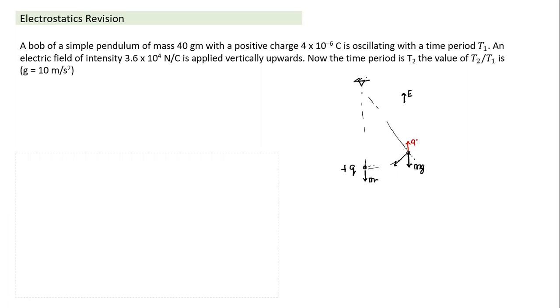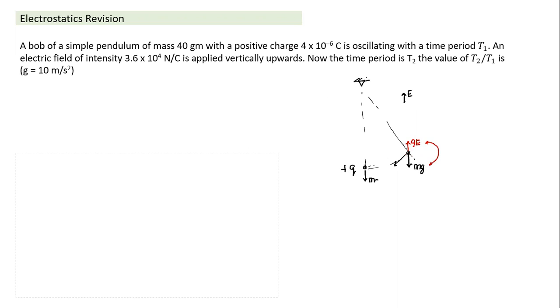And of course, QE has to be smaller, otherwise the oscillation will be of a very different nature. So this QE is similar to gravitation as far as the pendulum goes. Why is it similar? Just like the gravitational force, this also does not change magnitude or direction. So effectively, what has happened if I want to do it in a short fashion?